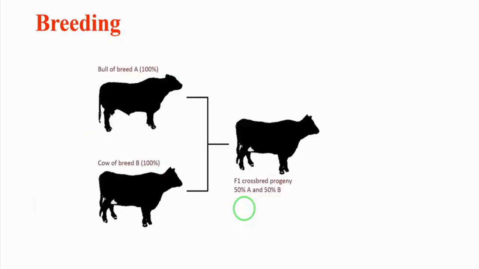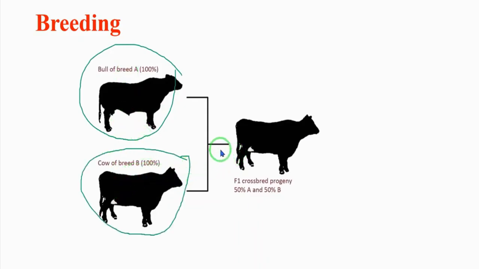Here we can see a bull of breed A with 100% pure character, and a cow of breed B with 100% pure character. There is no cross here, so only the pure characters are present. When we cross these two breeds, we get the next generation, the F1 progeny, that is the crossed progeny.